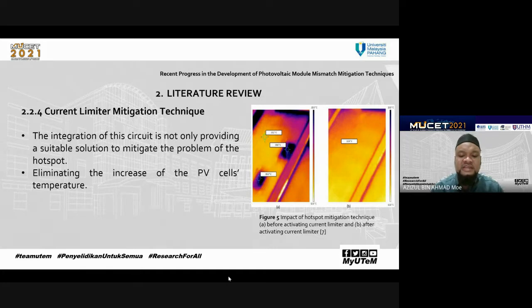The integration of this circuit not only provides a suitable solution to mitigate the problem of hotspot, but also eliminates the increase of the PV cell temperature during partial shading scenarios. It is argued that the widely used current limiter circuit has a limitation in which there is a large voltage drop in the operation of the current limiter, hence the PV module voltage at the output of the limiter would be affected and less power would be produced.